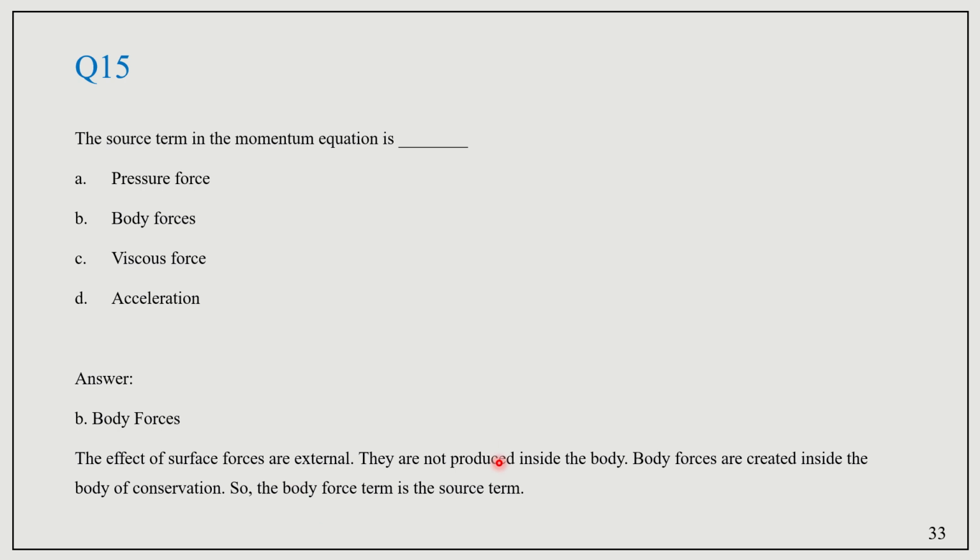So what we mean by source term in any equation is that something is getting generated in the system, inside the body of conservation. So here surface force effects are external, whereas the body force is created inside the body of conservation. So the body force term is the source term.